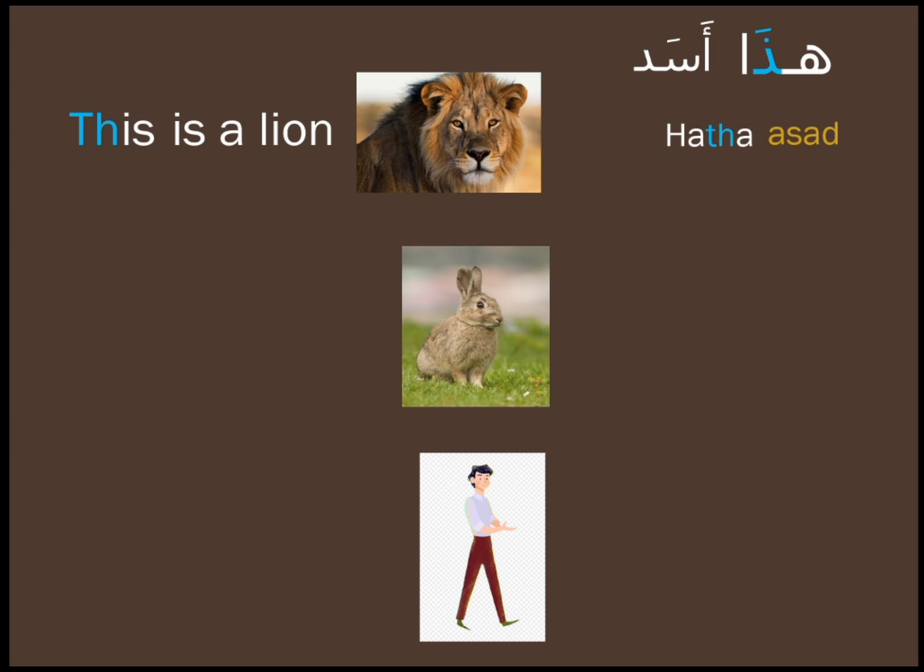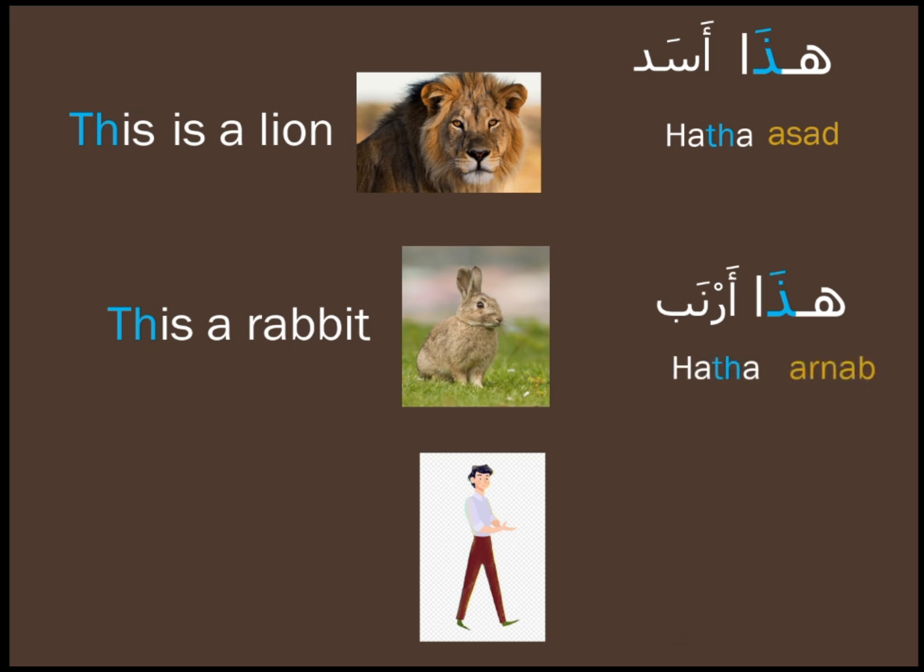Look at the second picture. What is this? This is a rabbit. هذا أرنب. The word أرنب also is a masculine word, so we use هذا.